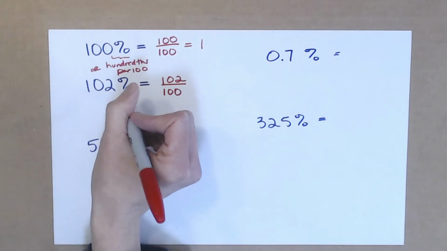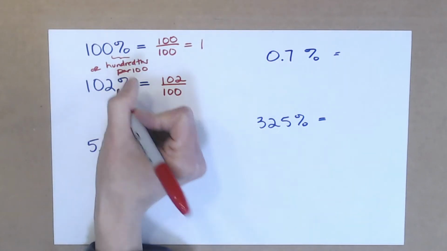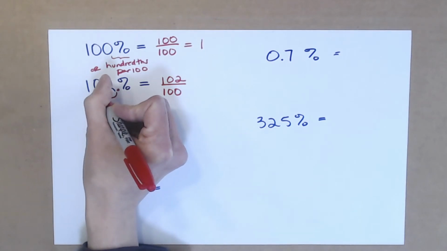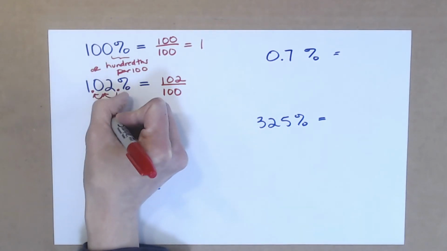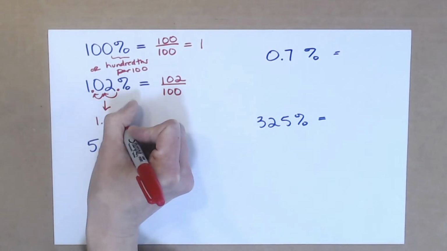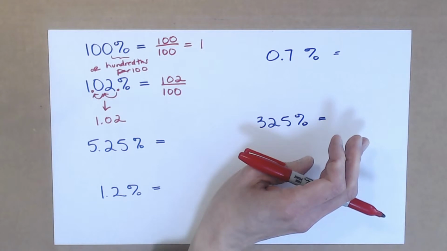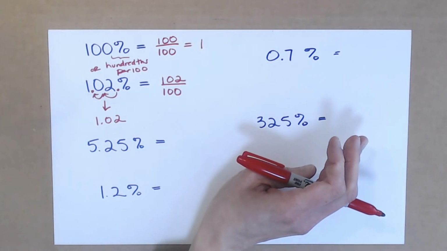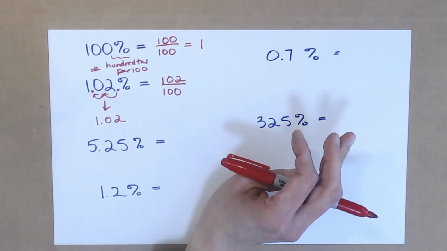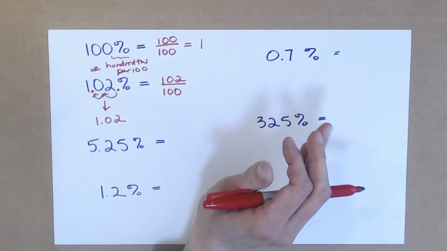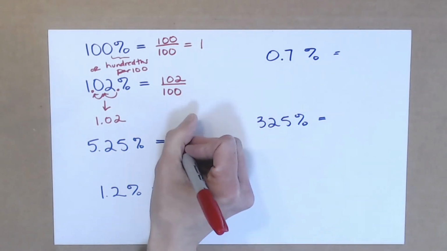So the decimal point in 102 is here. If we move that decimal point two places to the left, we get 1.02. So the decimal equivalent of 102% is 1.02. Now we can use this same technique anytime you're converting a percent to a decimal.